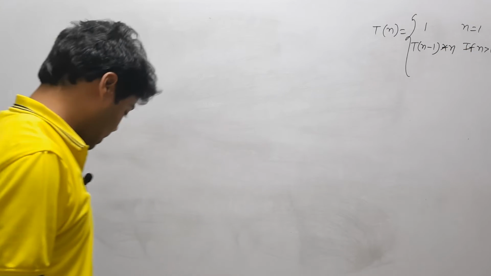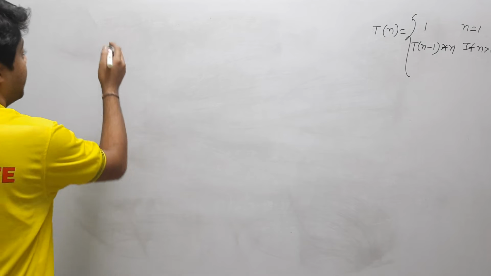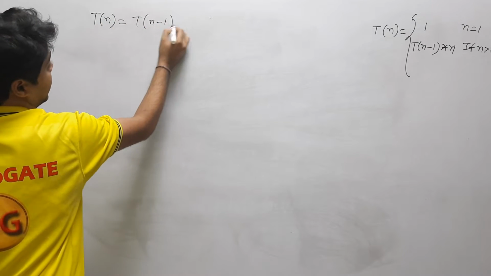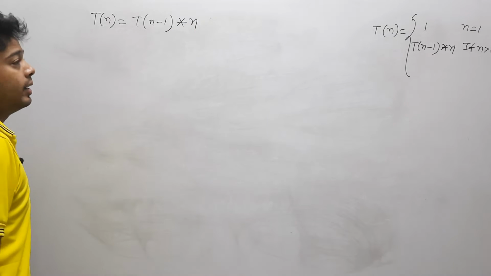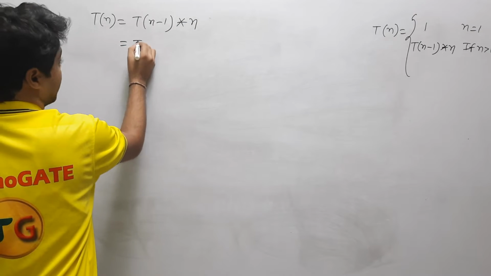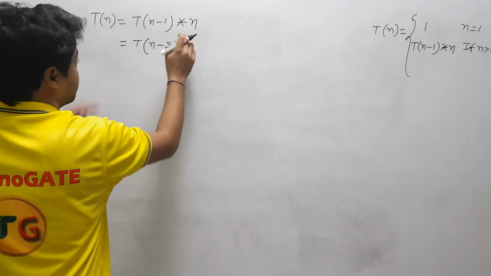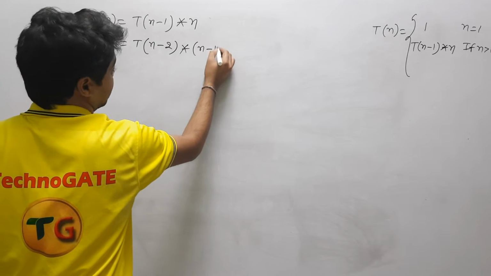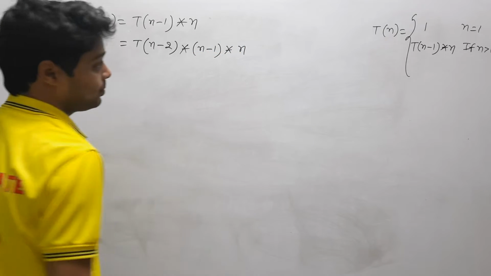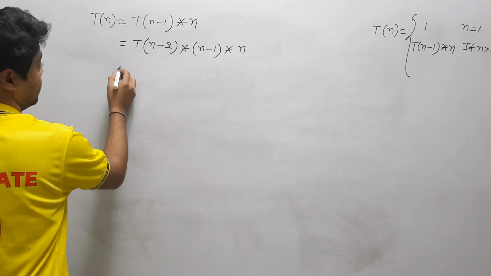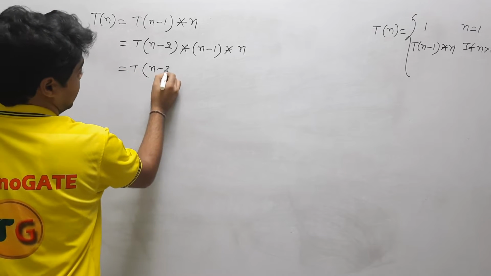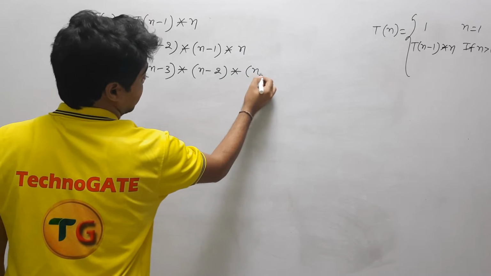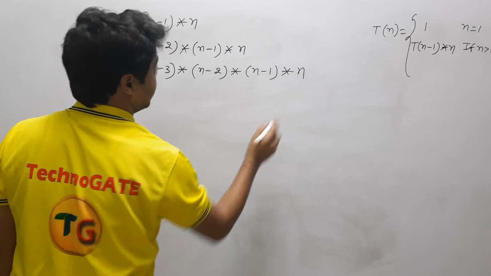Let's check. T of n is T of n minus 1 into n. Then again, T of n minus 2 into n minus 1 into n. Now T of n minus 3 into n minus 2 into n minus 1 into n.